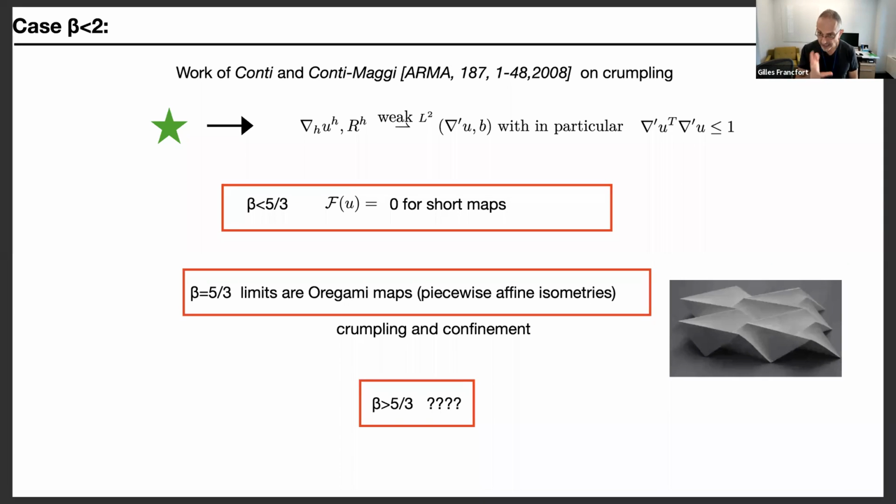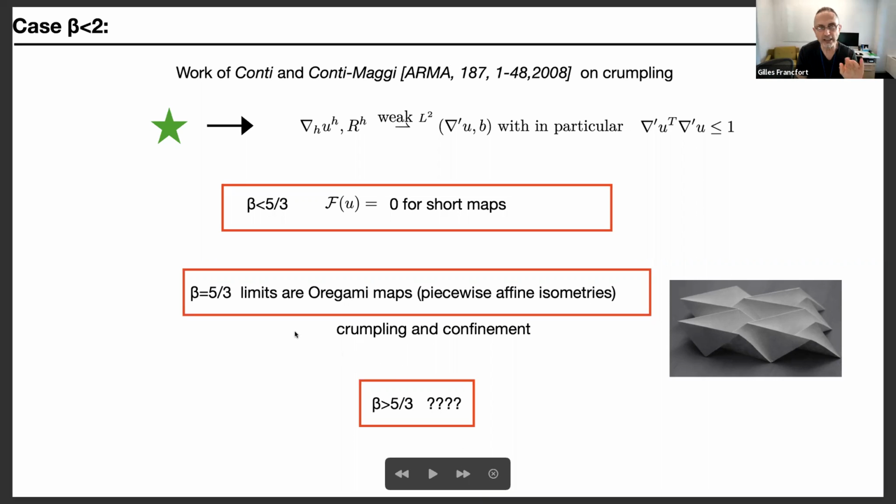So they're not isometries, but they're piecewise affine isometries. And they make the analogy with the picture of an origami, and then with the crumpling of paper and confinement. So what happens when you take a piece of paper and you confine it, you crumple it. Okay. And I'll come back to this.